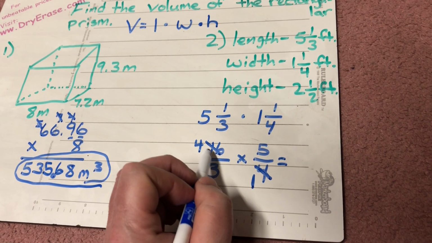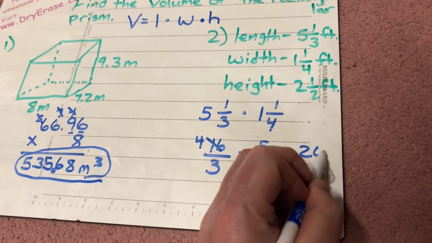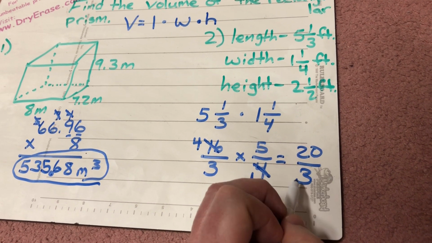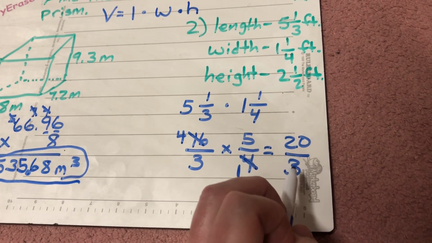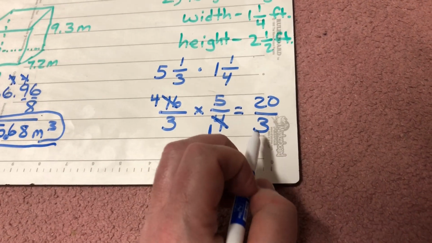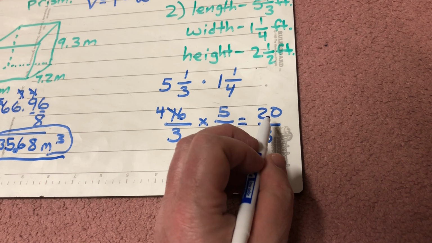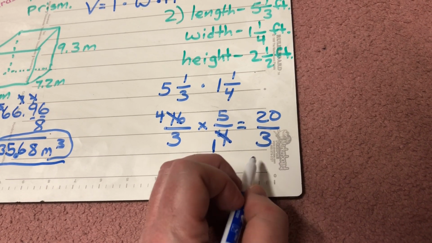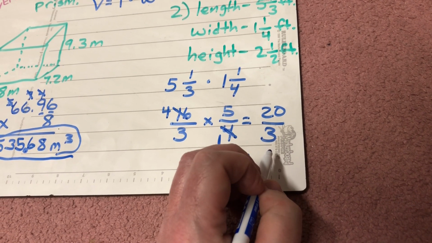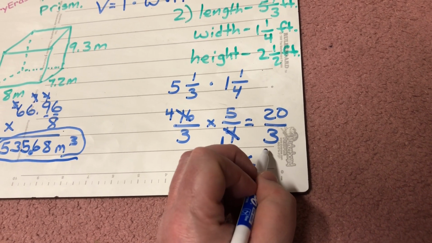So I go ahead and multiply. 4 times 5 is 20. 3 times 1 is 3. I get 20 over 3. I'm going to say that's in simplest form because nothing besides 1 can go into both 20 and 3. 3 can go into 20 6 times. 6 times 3 is 18.